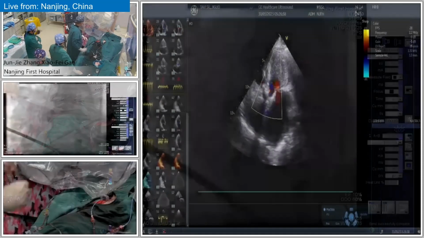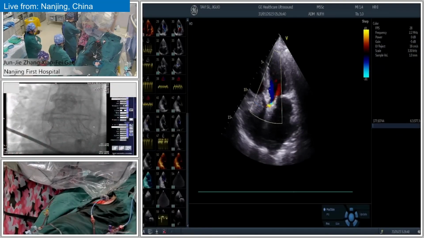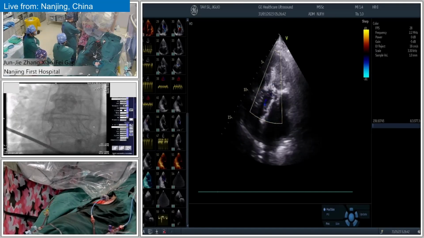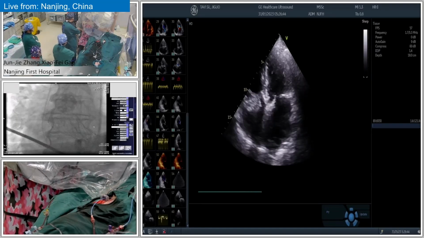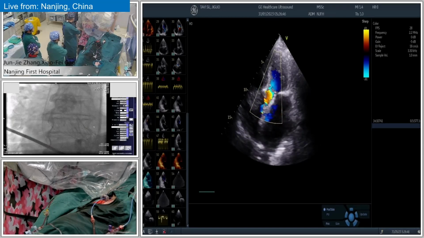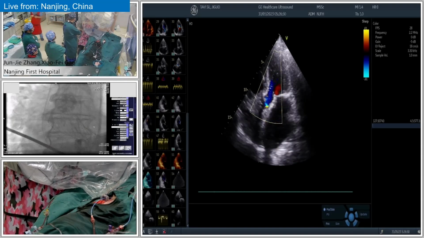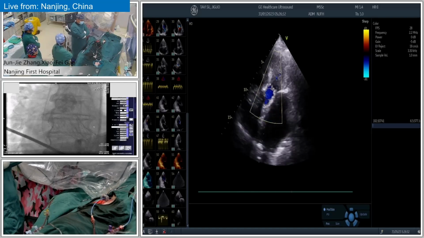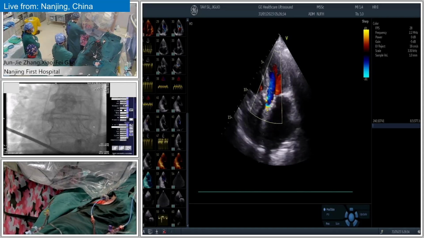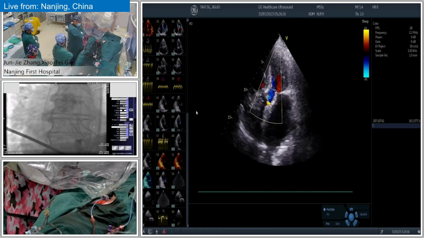I think it is an excellent result, Prof. The valve location is stable and the valve function is normal. There's almost no perivalvular regurgitation. And there's some central regurgitation, maybe due to the catheter.